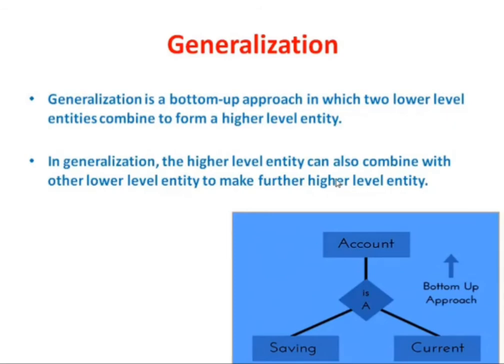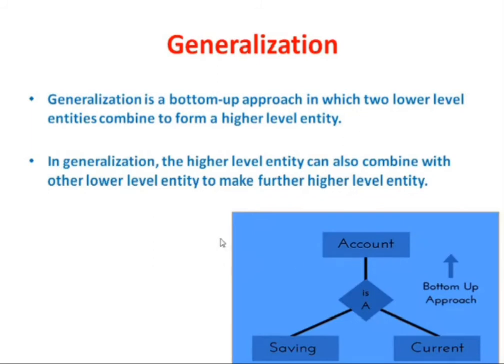Again, in generalization, the higher level entity can also combine with other lower level entities to make further higher level entities. See, this is one account. For example, you have 10 accounts. All these 10 accounts can be represented as one entity, maybe with your organization name. For example, a company called Infosys may have multiple accounts.